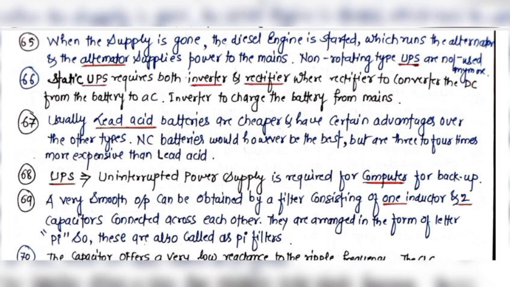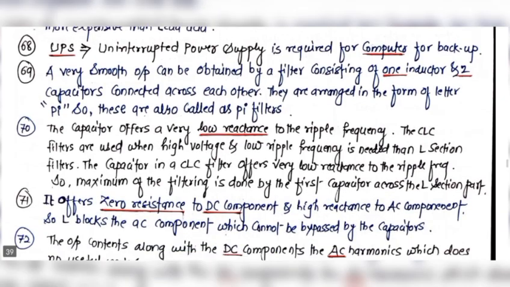A very smooth output can be obtained by a filter consisting of one inductor and two capacitors connected across each other. They are arranged in the form of the letter pi, so these are called pi filters.